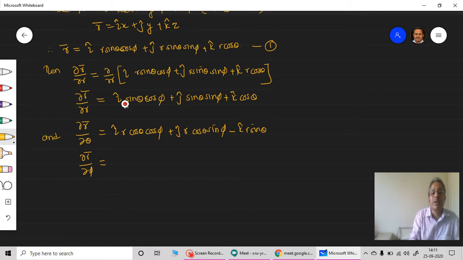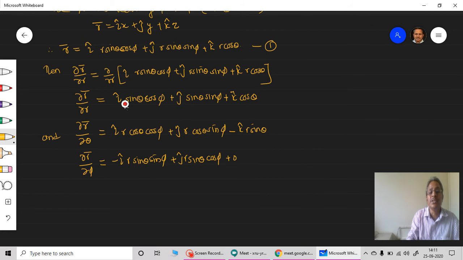This contains phi, so the differential of cos phi is minus sin phi, and the differential of sin phi is cos phi. So I get minus i cap r sin theta sin phi, this is the first term, plus j cap into r sin theta into cos phi, plus 0.